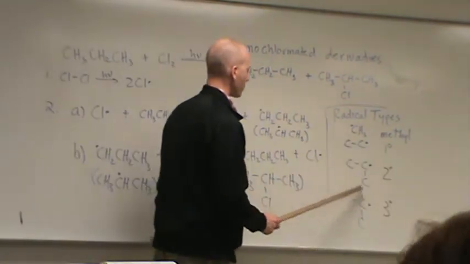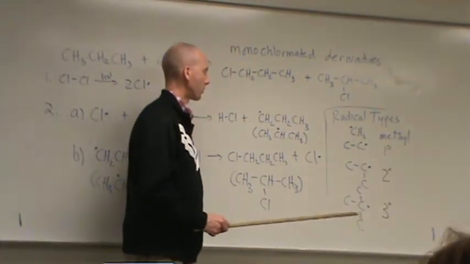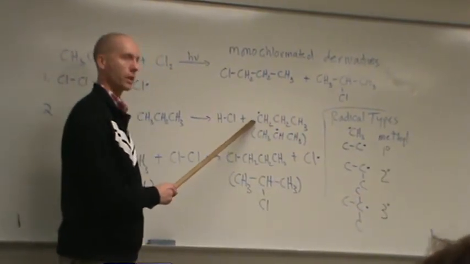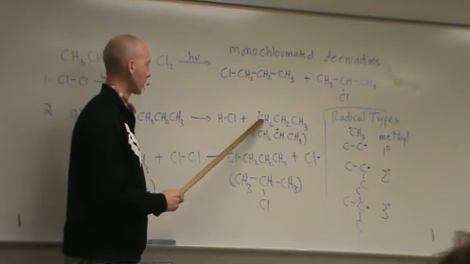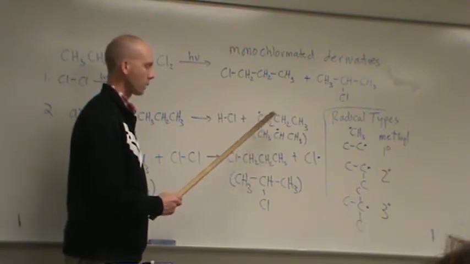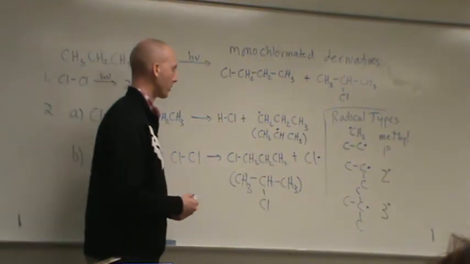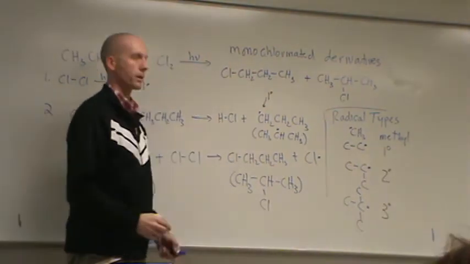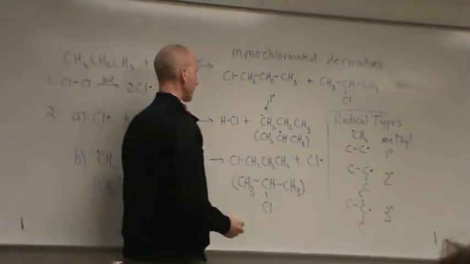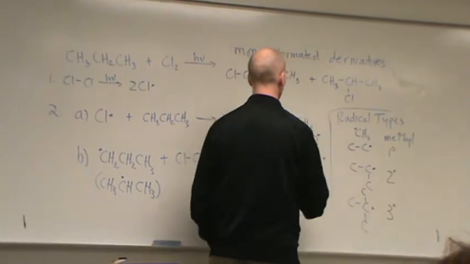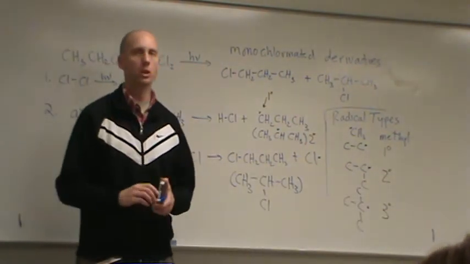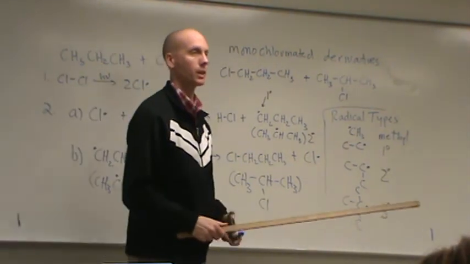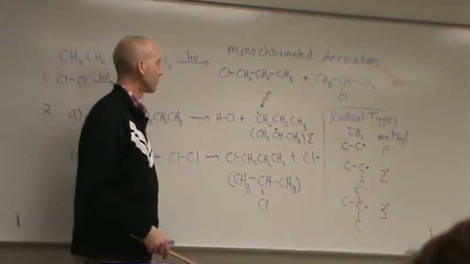So these are the radical types you want to identify. Let's come up here and identify these radical types. Okay? What kind of radical is this one? Okay, a primary radical. How about the one in parentheses? A secondary. Okay, so pretty easy, isn't it? Make sure you can identify your carbon and hydrogen types today.